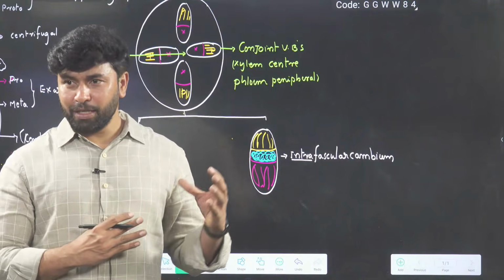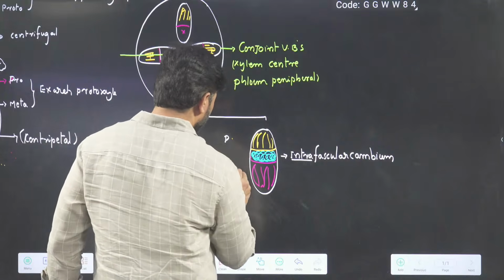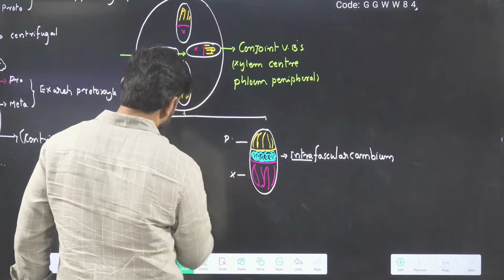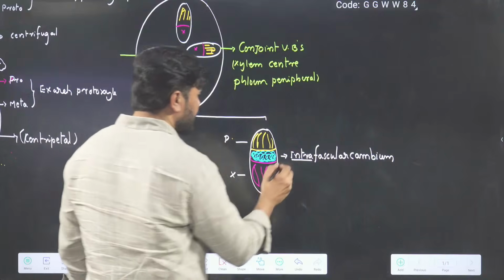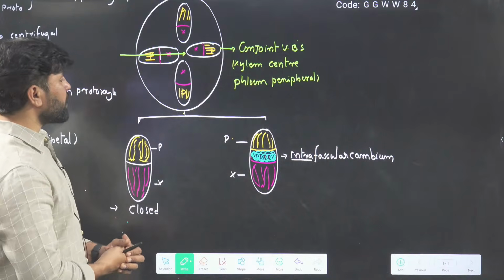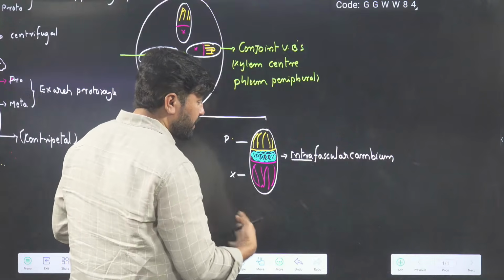It is present in primary tissue between phloem and xylem. By the presence of intrafascicular cambium, this vascular bundle can grow further.